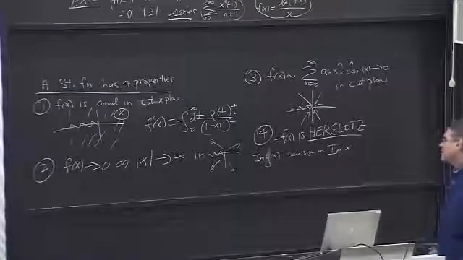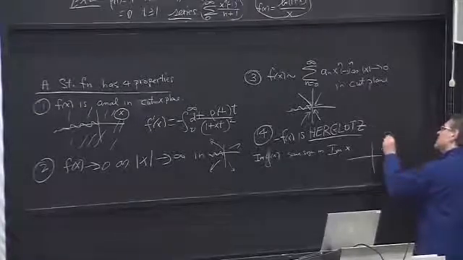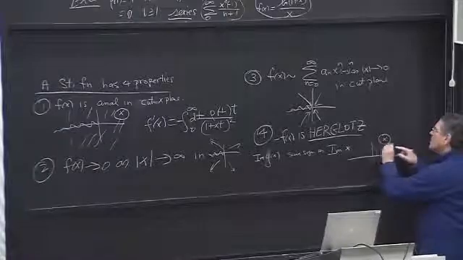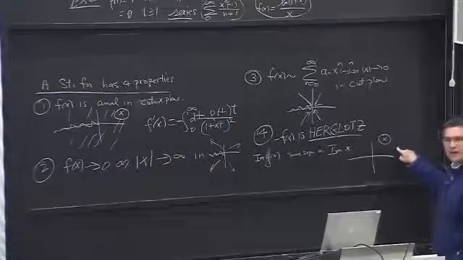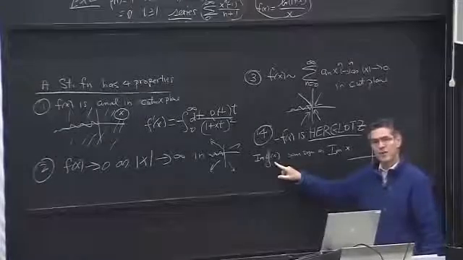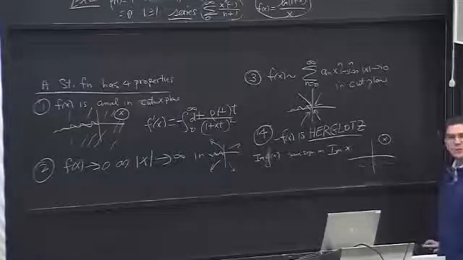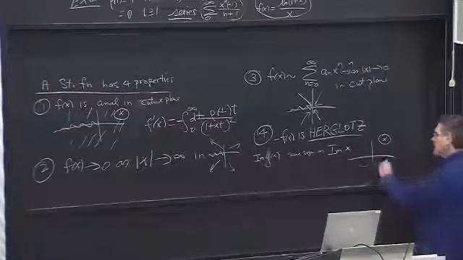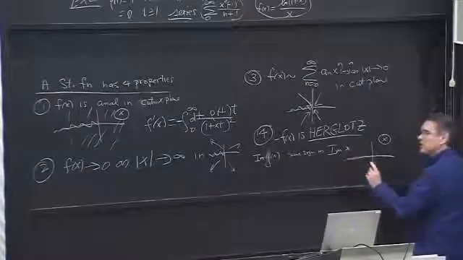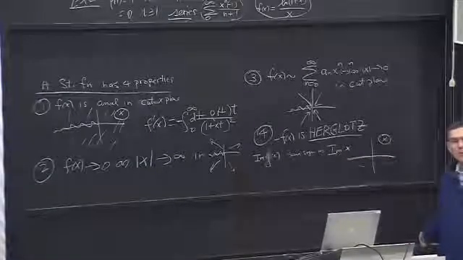So that means in the complex x-plane, if you're in the upper half of the x-plane, the imaginary part of g is positive. And in the lower half-plane, the imaginary part of g is negative. And on the real axis, the imaginary part of g is 0.